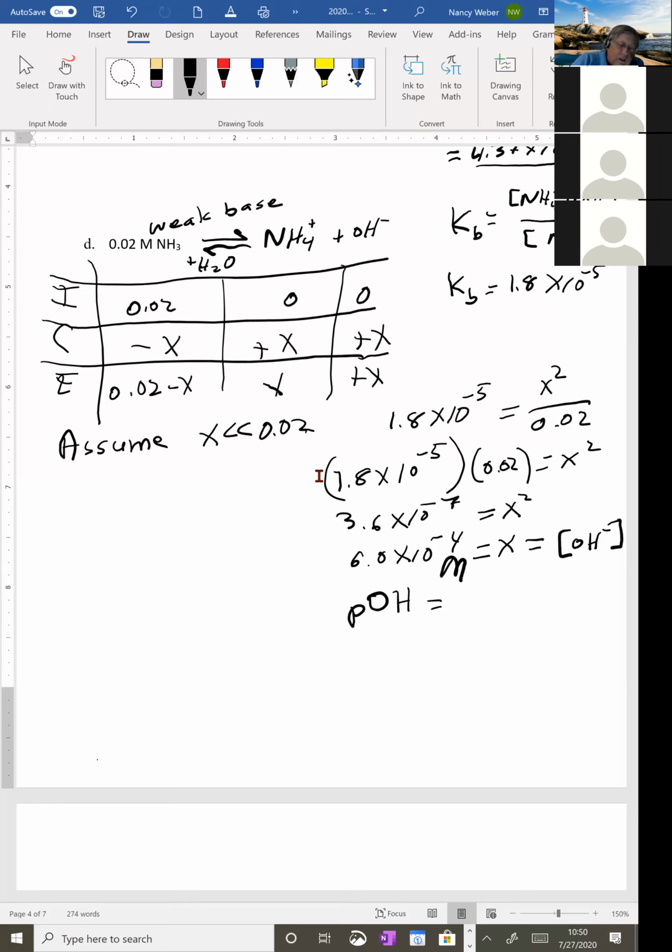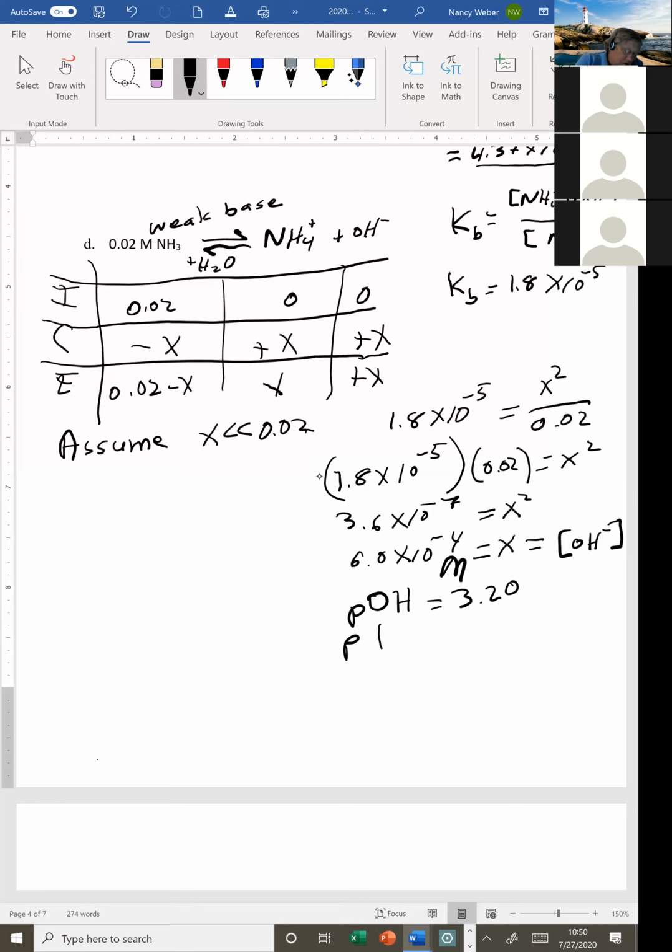Okay, what did you get for the pOH? I got 3.2. 3.2, okay? That looks about right, 3.20.